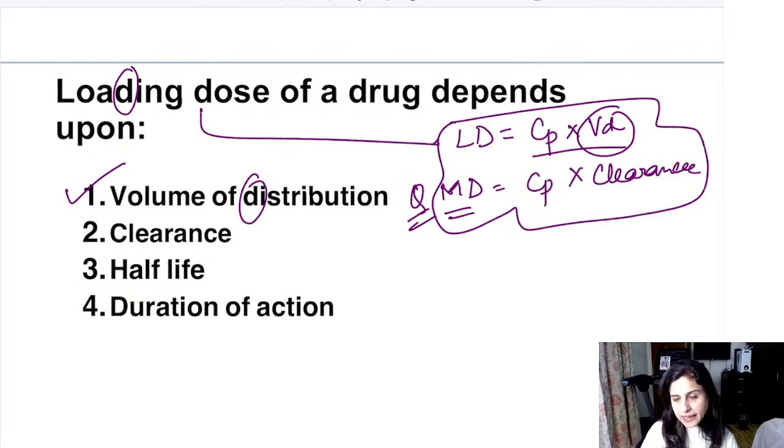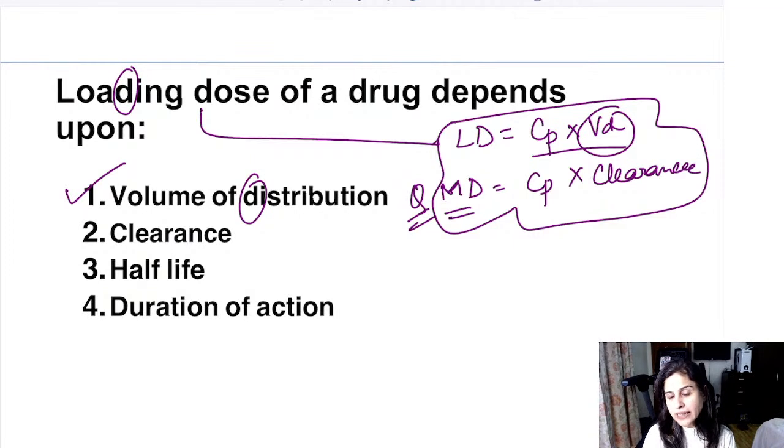Loading dose means that when you want to give, for example, for certain drugs, I'll take the example of chloroquine. Chloroquine is an anti-malarial drug. Chloroquine has a very long half-life.